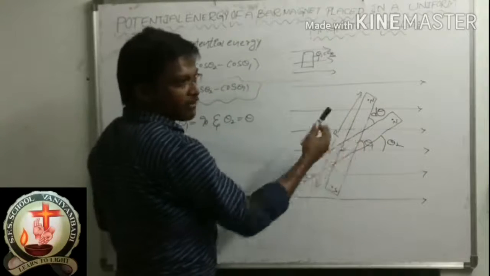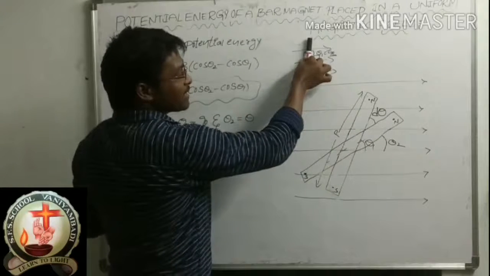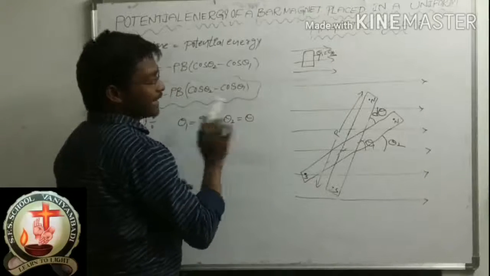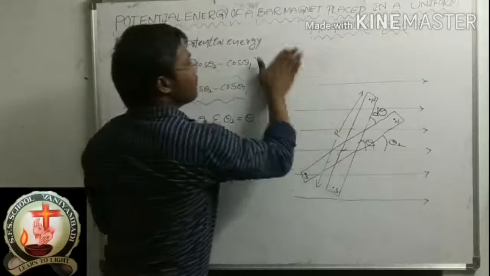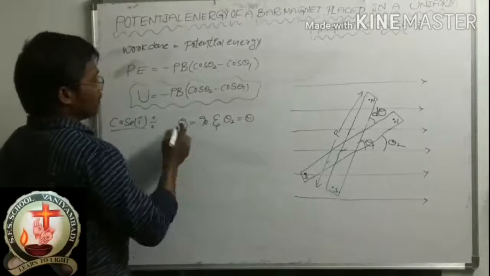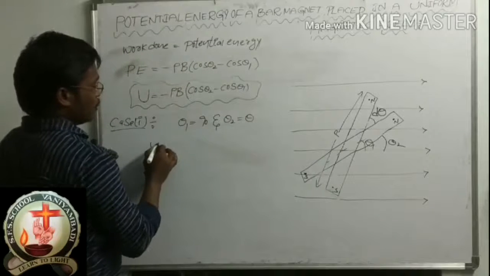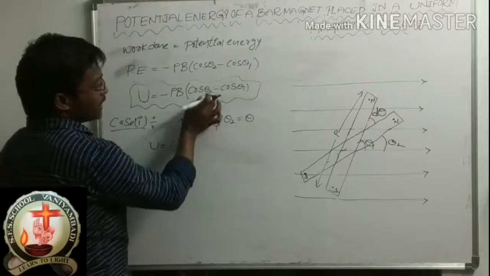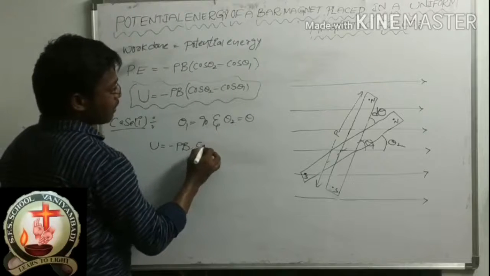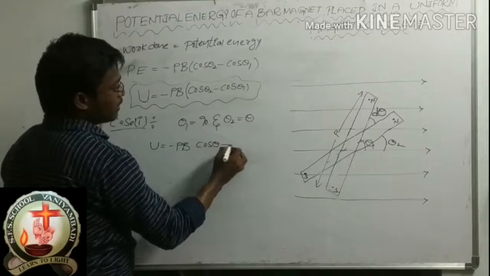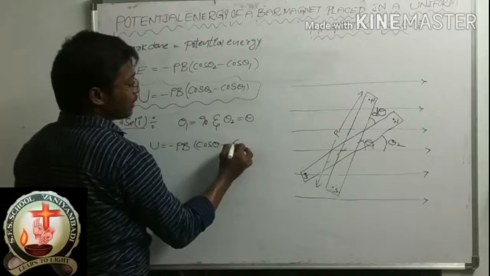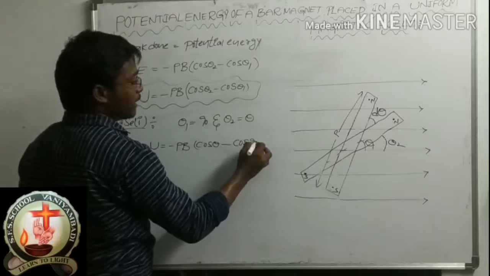What is the first case? The magnet is placed like this. That means theta 1 is 90 and theta 2 is theta. Please substitute this. U is equal to minus PB, theta 2 value is theta, cos theta minus theta 1 value 90, cos 90.